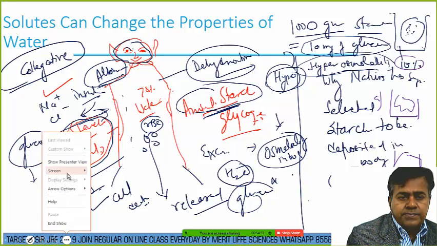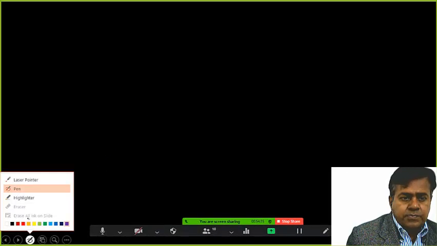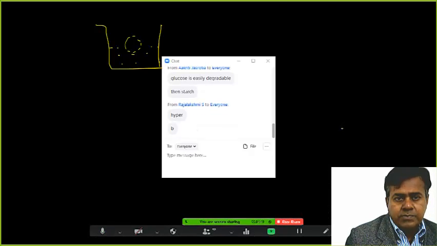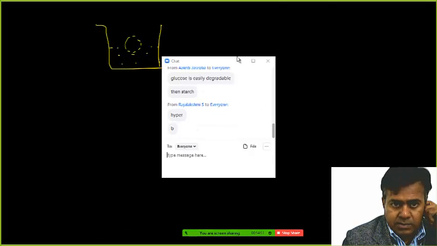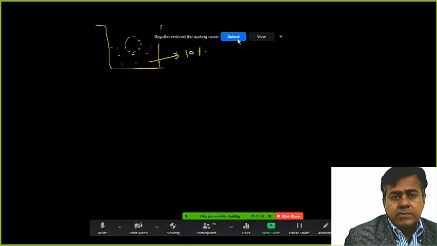चलो फिर से मैं पूछता हूँ. What I am saying, suppose this is a beaker, right? And this is my cell. And I am telling here, is everyone able to see the screen? Now this is 10% glucose.